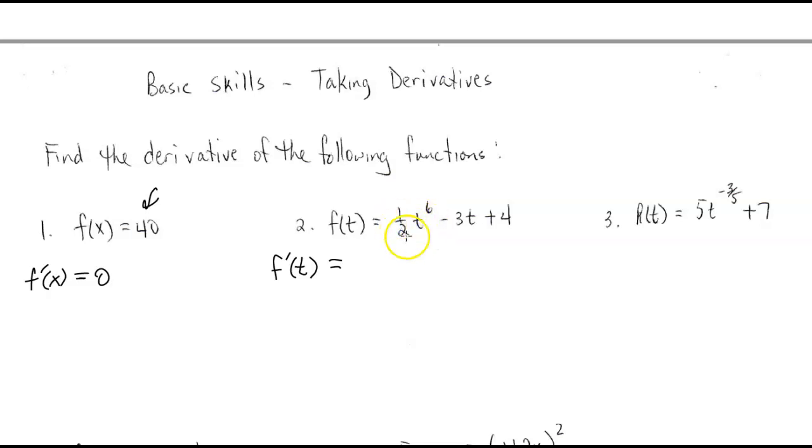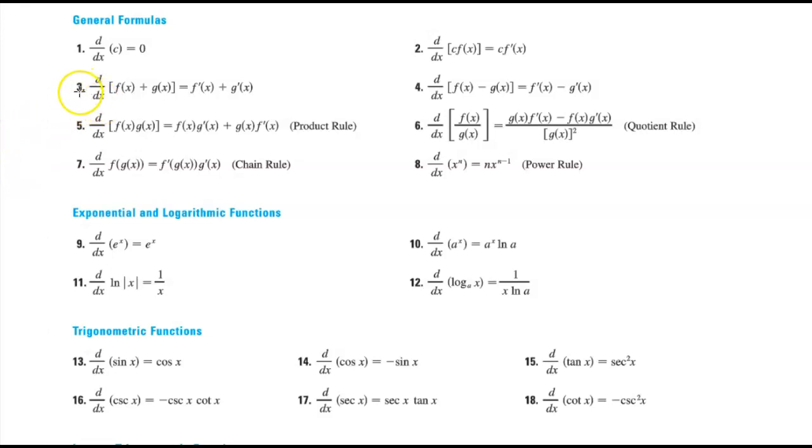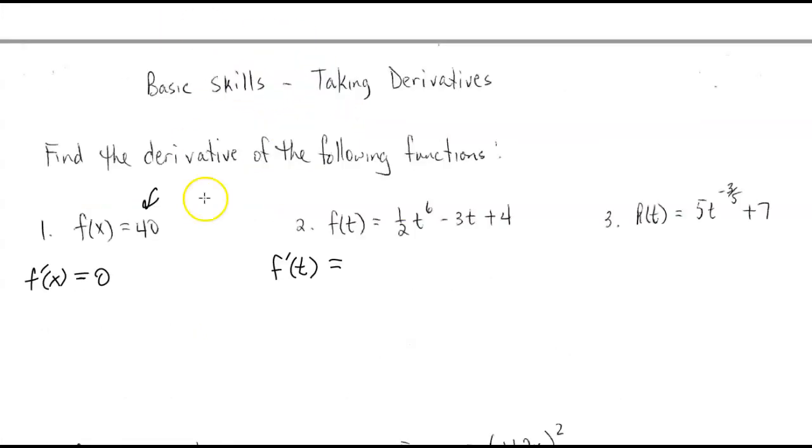Okay, so for our second function here, we want to take the derivative of that. And here notice that we have a first term minus a second term plus a third term. And if we go back to our differentiation rules, notice that rule number 3 and number 4 tell us that if I have a sum or difference of 2 functions and I want to take the derivative of it, I just take the derivative of each of them separately.